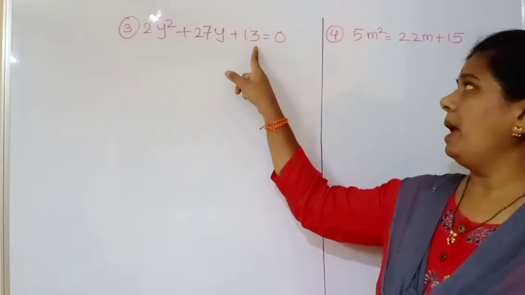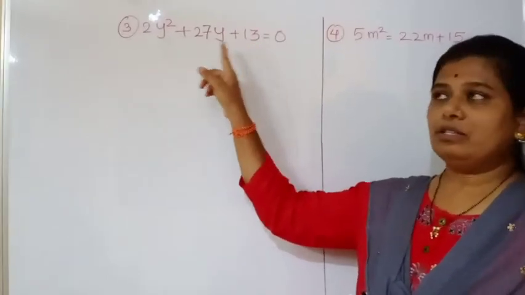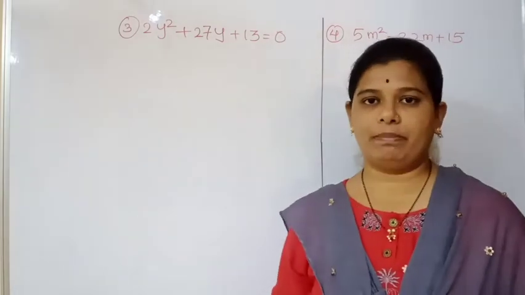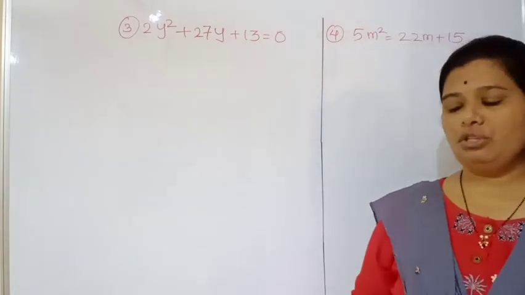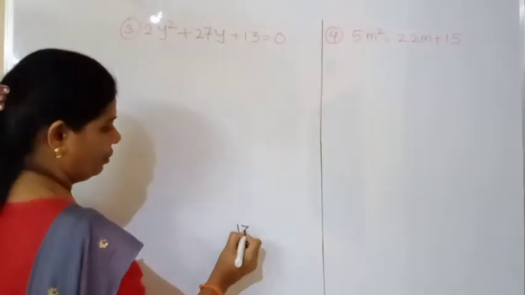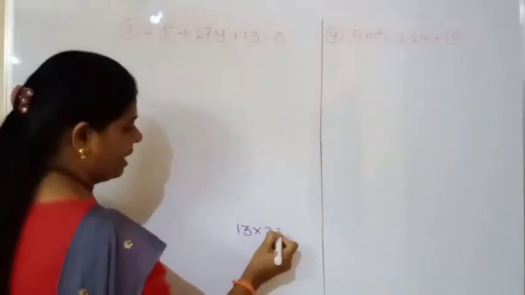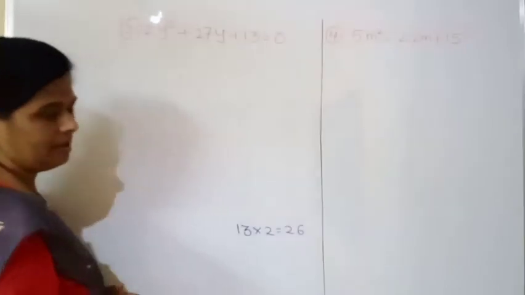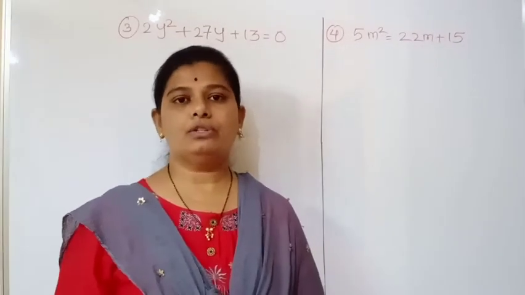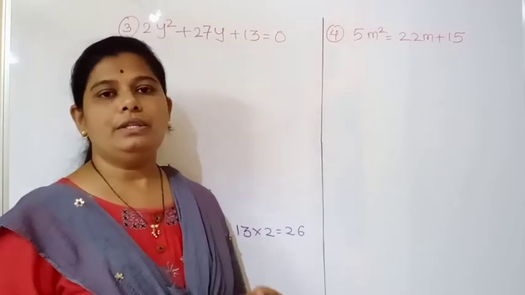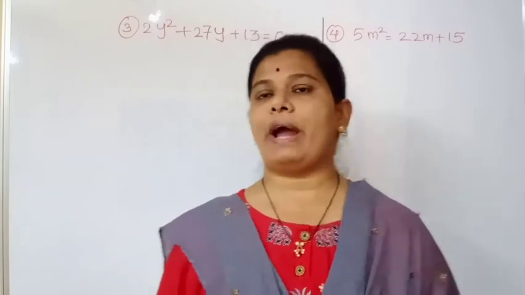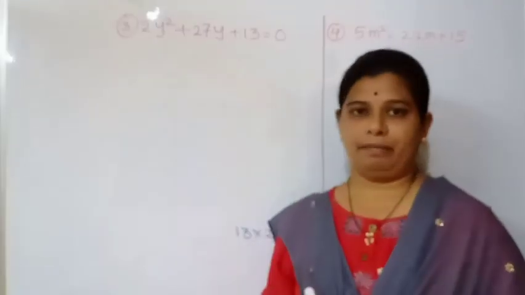We have to multiply the first number and the last number. When we multiply these two numbers, 13 into 2, we get 26. Now we have to find the factors of 26 in such a way that by adding or subtracting these two factors, we get the middle number.